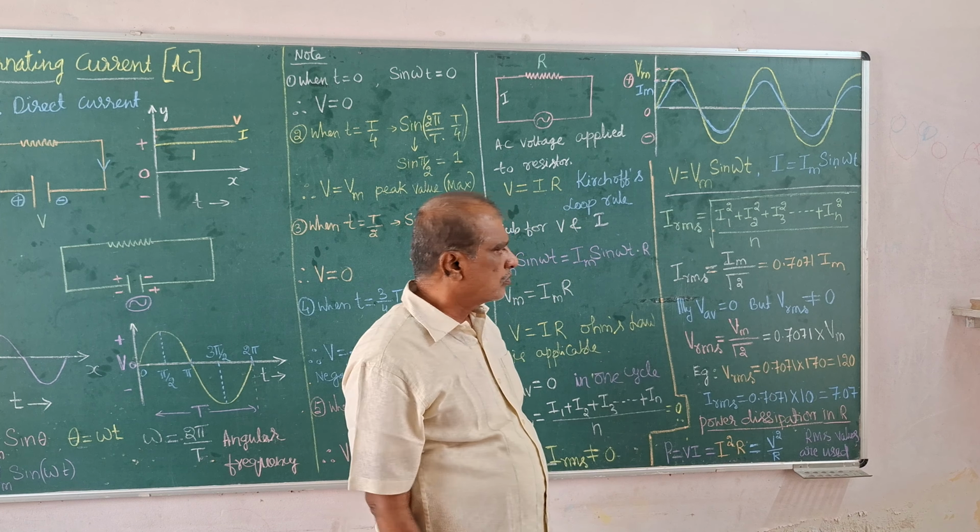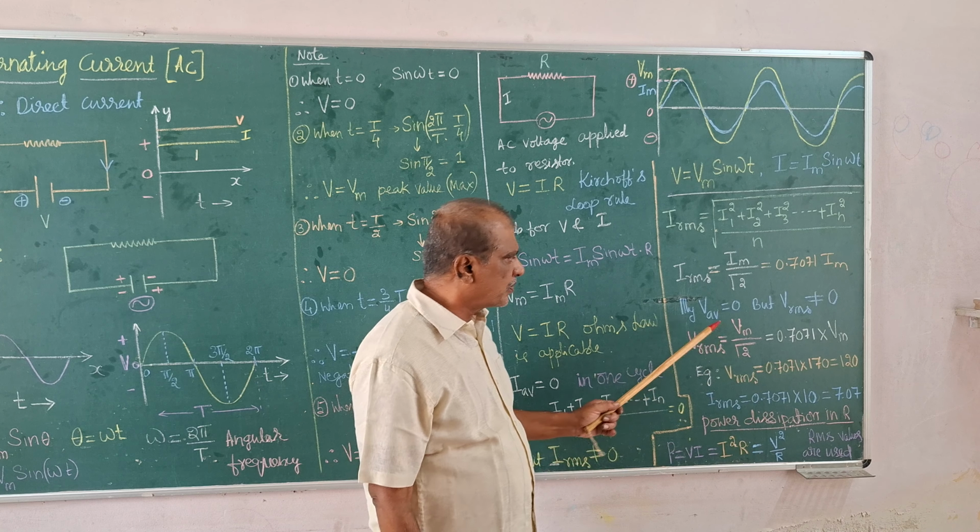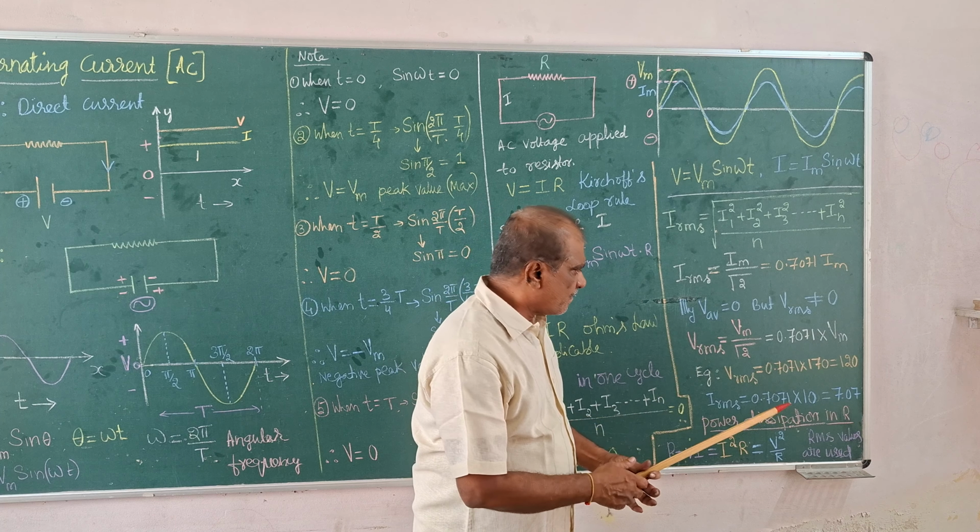There is some net current, some mean current, consumed in the circuit, in the form of energy transfer or energy dissipation. I will give an example.